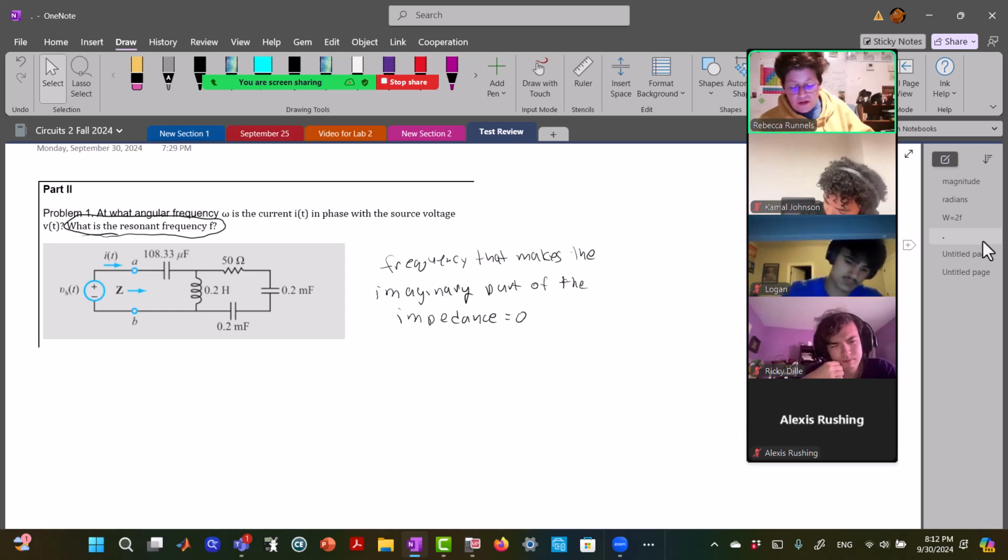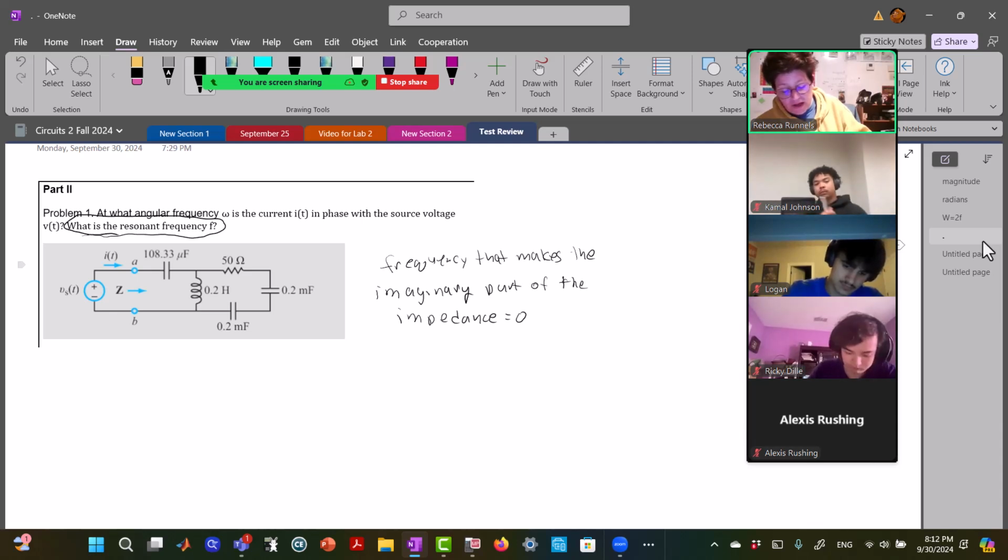So we don't have a voltage here yet. We're not given a voltage, so we don't have a frequency. We're being asked something about the frequency. Now, this is currently not in the phasor domain. I could add my capacitors first and then cast it to the phasor domain, but they're a lot easier to add when we put them in the phasor domain, so we'll do that first.